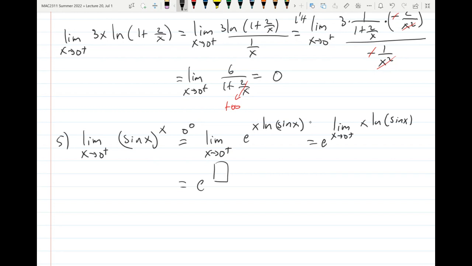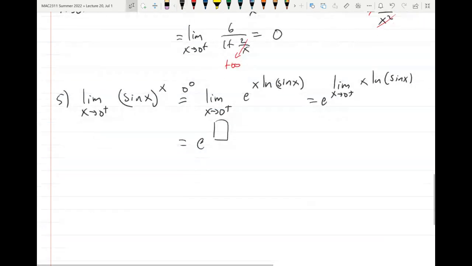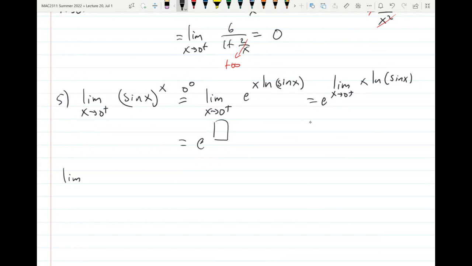Remember, my answer is e to whatever that limit is. So let's compute the limit as x approaches 0 from the right of x times ln of sine x. I'm gonna bring the x down.